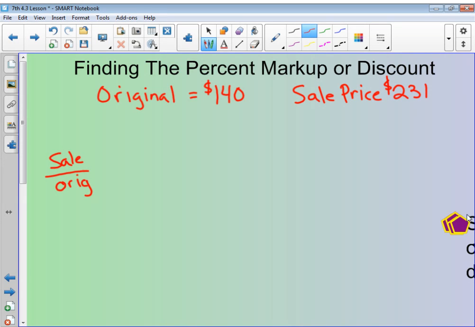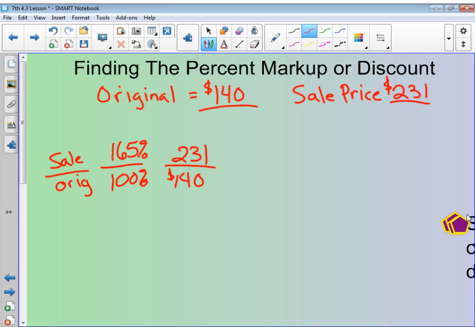It's not always the smaller number over the bigger number. In this case, on markup, you're going to have the bigger number on top. So our sale price was $231, and our original price was $140. If I want to use proportions, I can. This would be 100%. Cross multiply and divide, or I can do 231 divided by 140, which gives me 1.65. If I did the proportion, it would give me 165%.